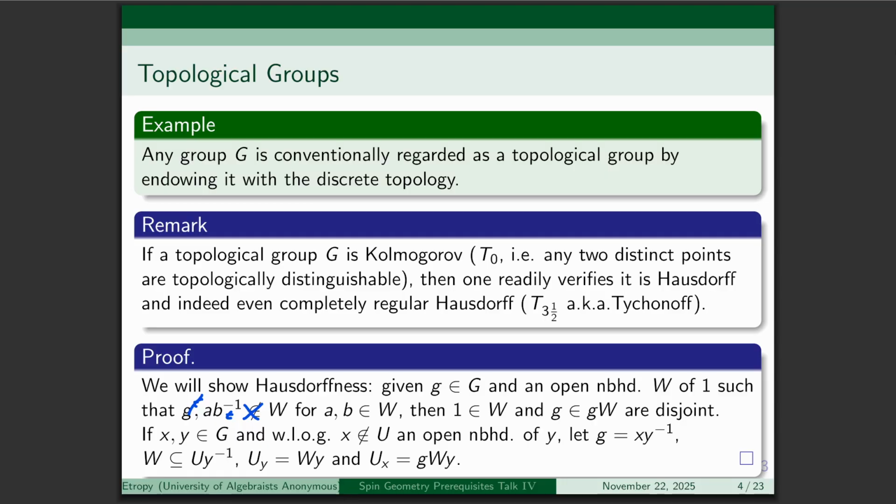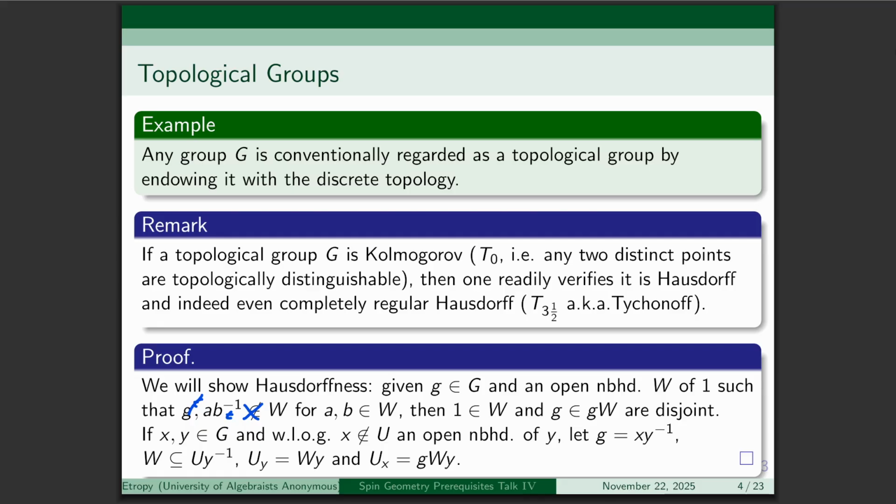Now 1 is in W, so g is in gW. And so we have 2 open sets, one containing 1, one containing g. They're open because shifting by an element of our group is a homeomorphism, and homeomorphisms are open maps. It's nice to say they're disjoint.